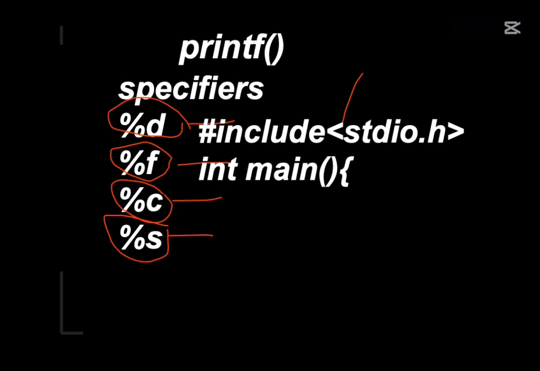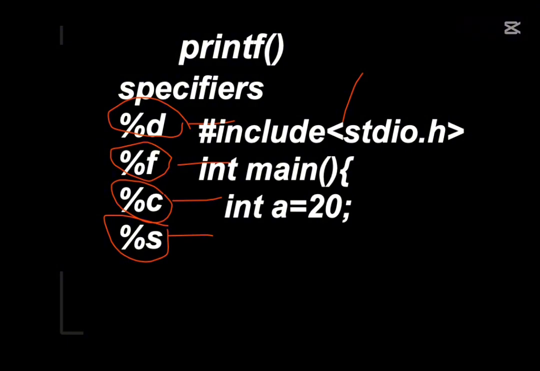Now we need to declare our variable. If our variable is an integer, we need to declare it as an integer, and let's say a equals 20. We always need to use a semicolon at the end of every statement.